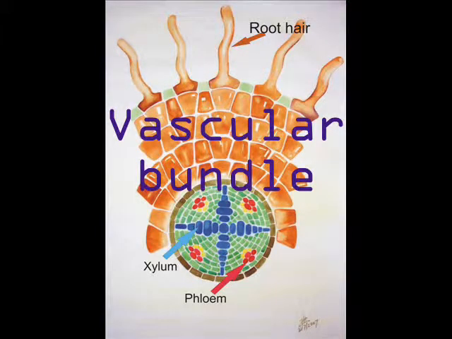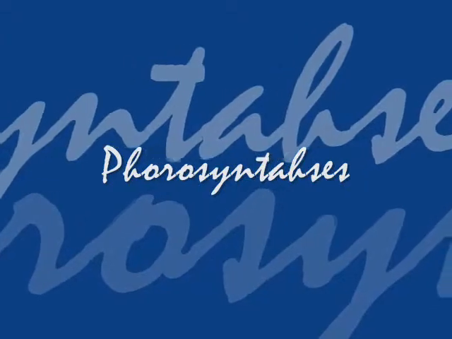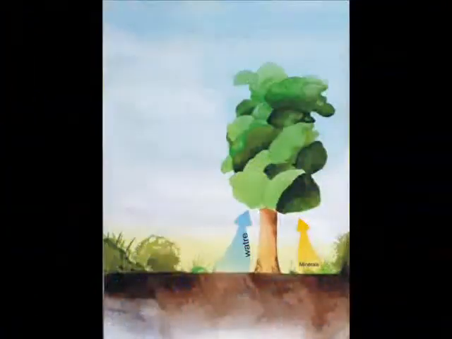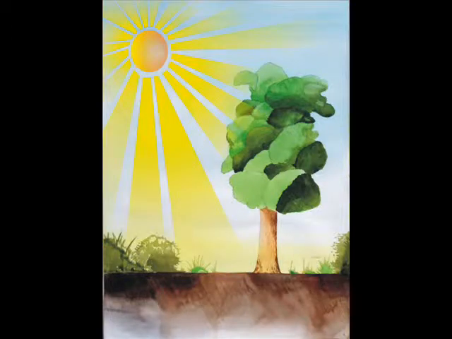They together form the vascular bundle. The water and minerals received by plants are then used in the process of photosynthesis.